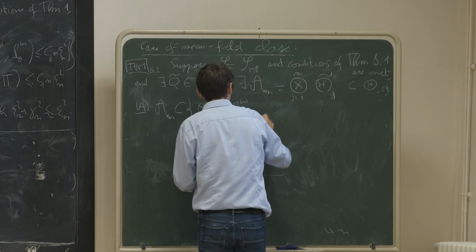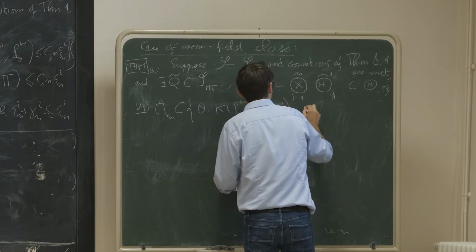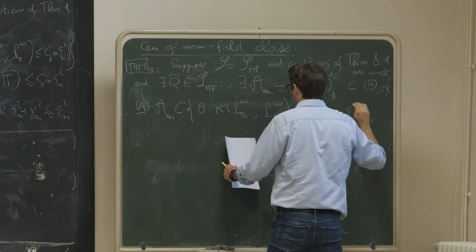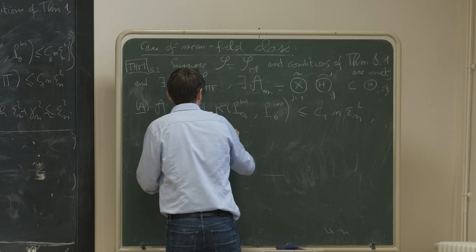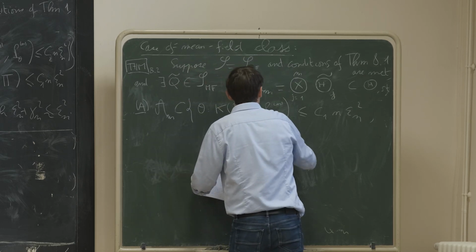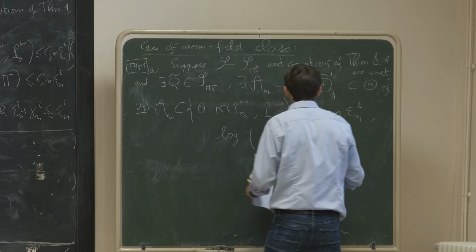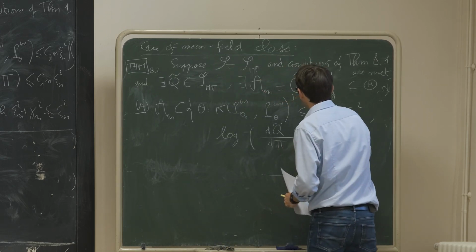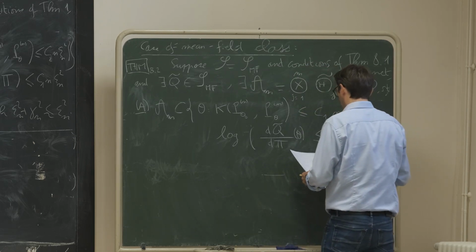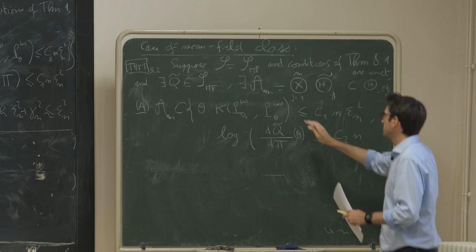So the first bit is just like Kullback-Leibler. The Kullback-Leibler should be smaller than C1 n epsilon n squared. That's a bit as usual, I would say. And then, and dq tilde over d pi, the log of the density should be controlled by C2. So this is a set of thetas so that these two conditions hold.